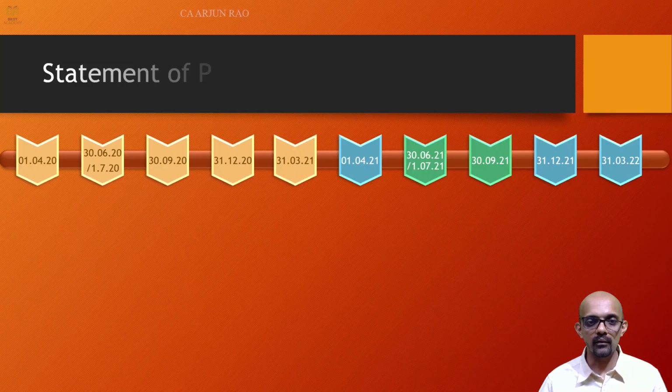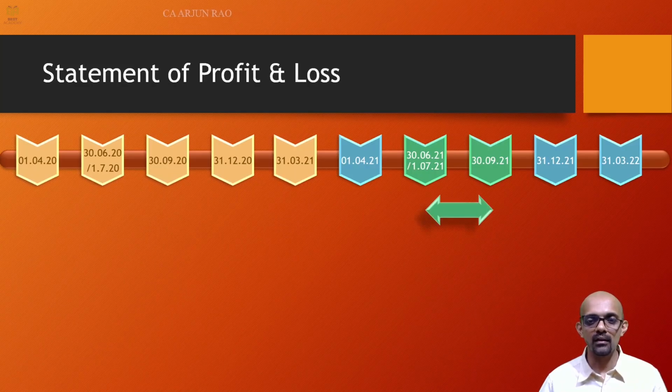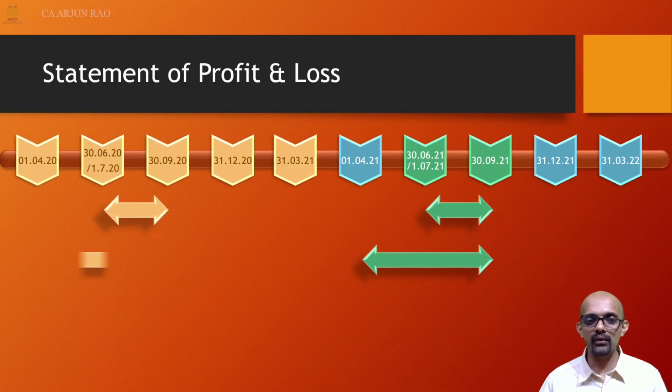So for the statement of P&L for the quarter, that is 1/7/21 to 30/9/21, and year to date, that is the beginning of the year to the end of the current quarter, and also comparatives for the previous year. This is for P&L.